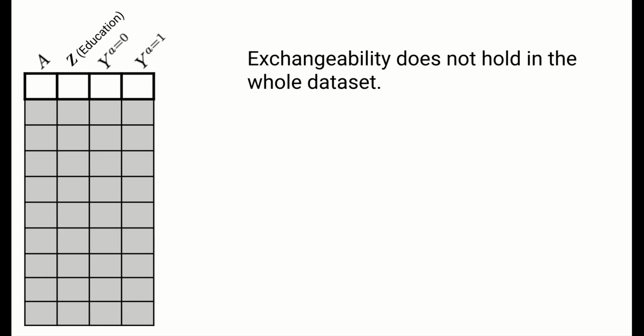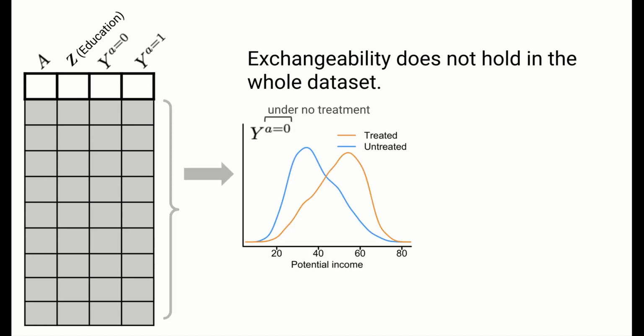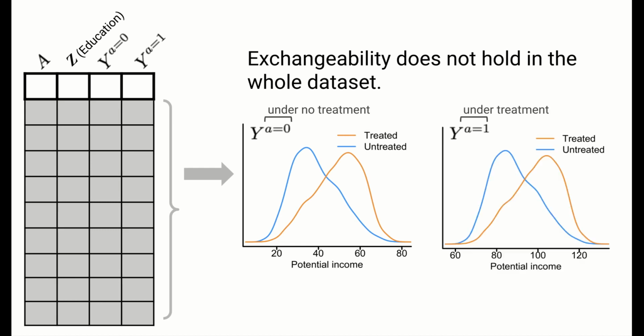Let's look at a graphical depiction of the lack of exchangeability example that we've just worked through. Looking at the whole dataset, we can look at the distribution of potential outcomes under no treatment in the treated and untreated, and the distribution of potential outcomes under treatment in the treated and untreated. In both cases, the treated and untreated have different distributions of potential outcomes, so exchangeability does not hold.